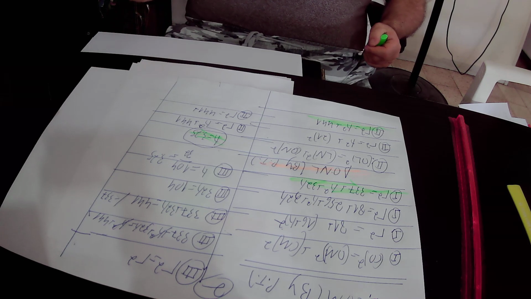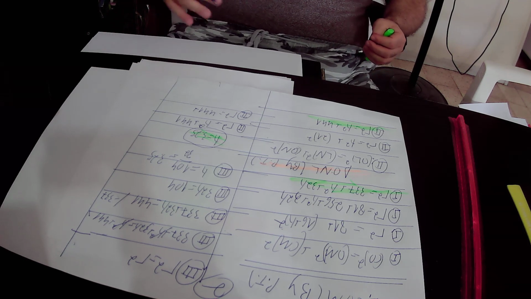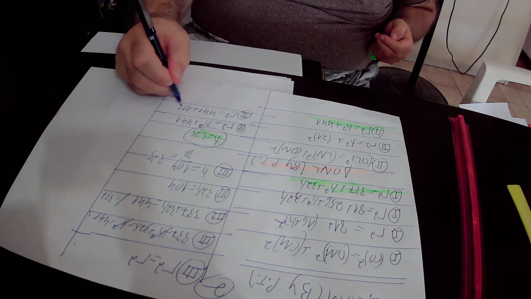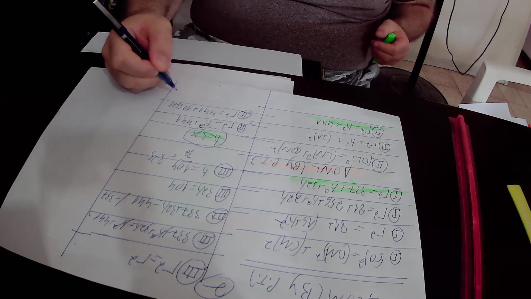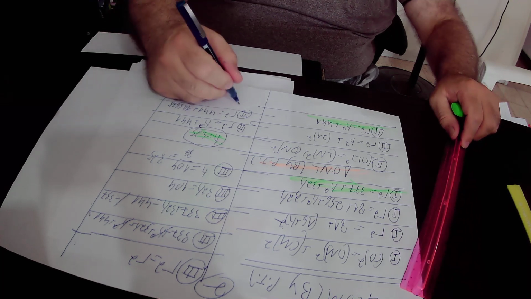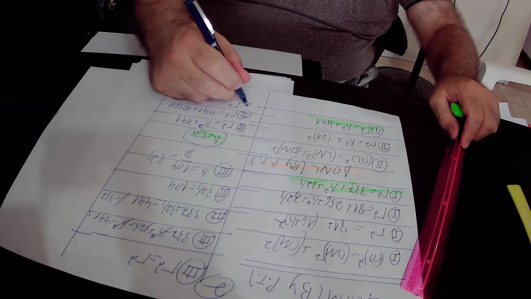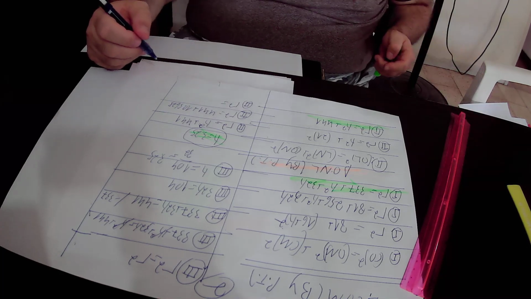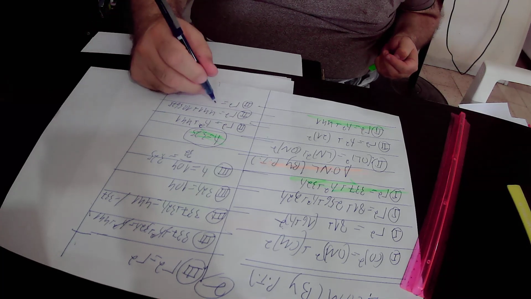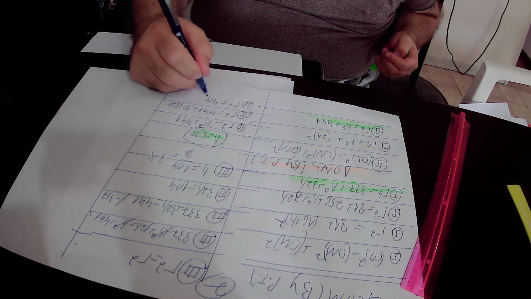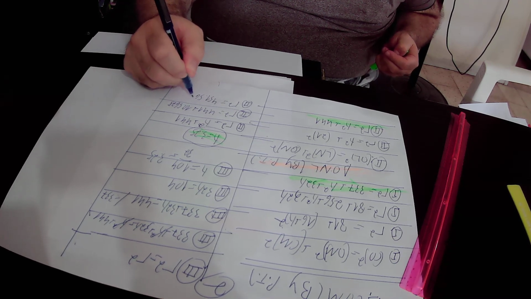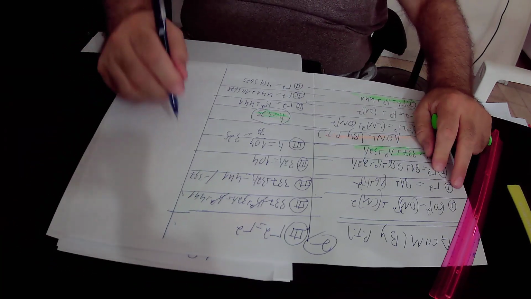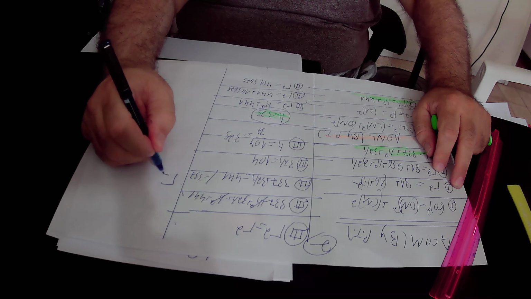H equals 3.25, therefore H squared will be equal to 3.25 squared, that is 10.5625. So here we have R squared equal to 441 plus 10.5625. It is 451.5625.